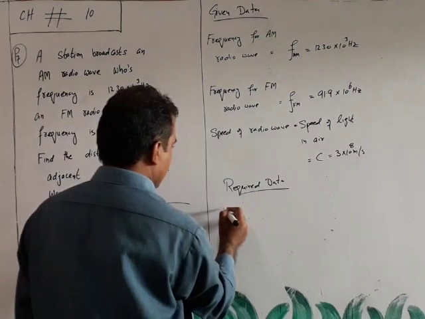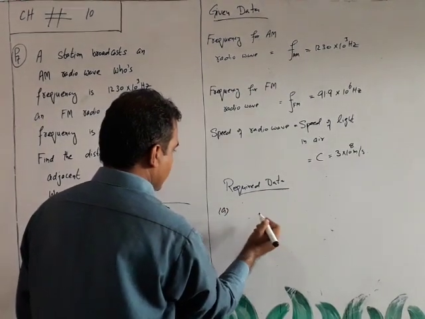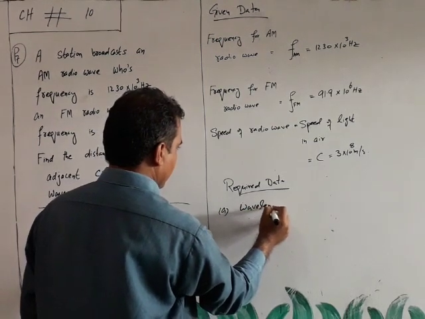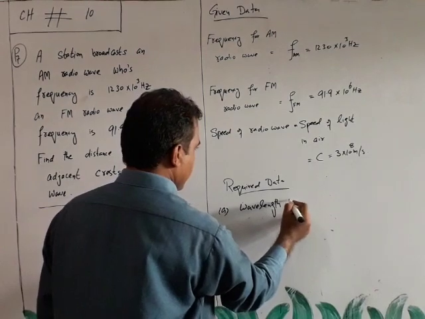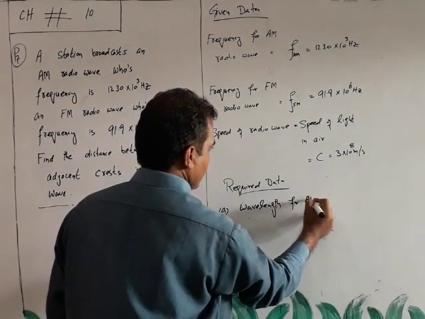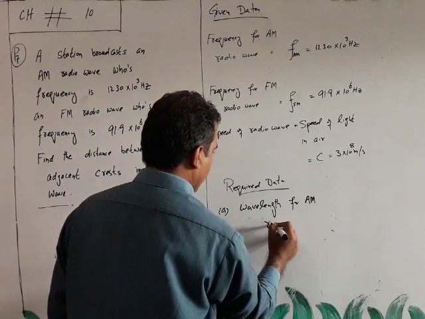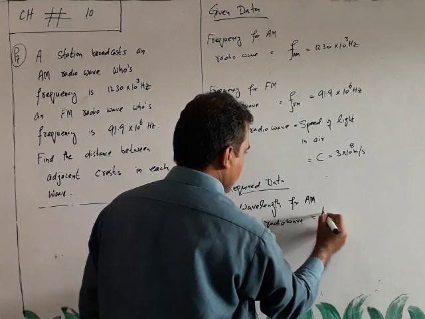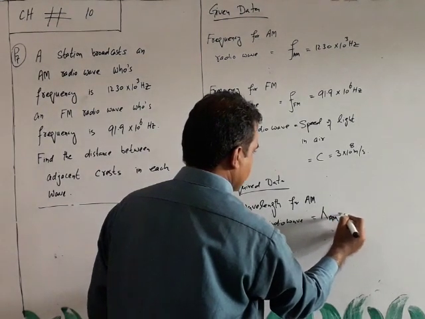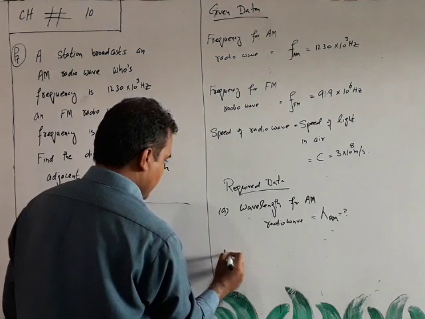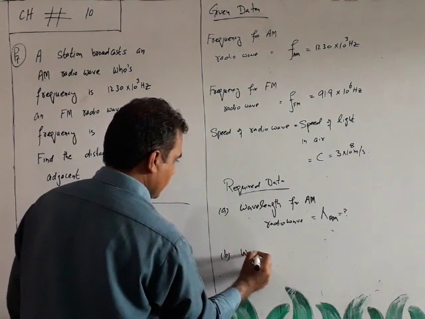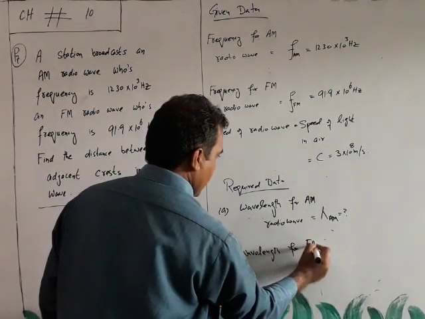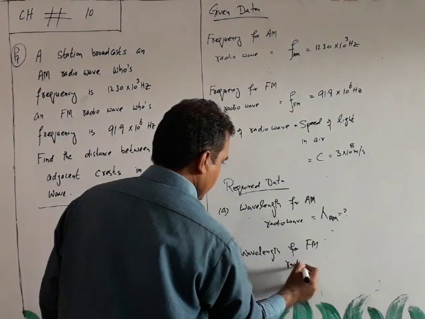So I will first write it as part A. Part A will be the wavelength for AM radio wave, which will be written as lambda with subscript AM with a question mark, and part B is the wavelength for FM radio wave.